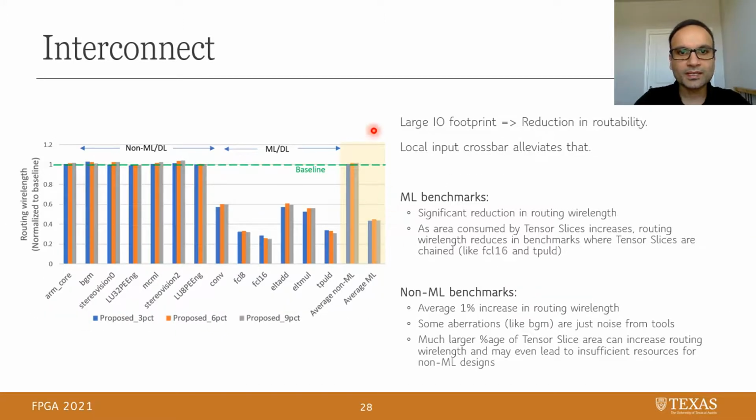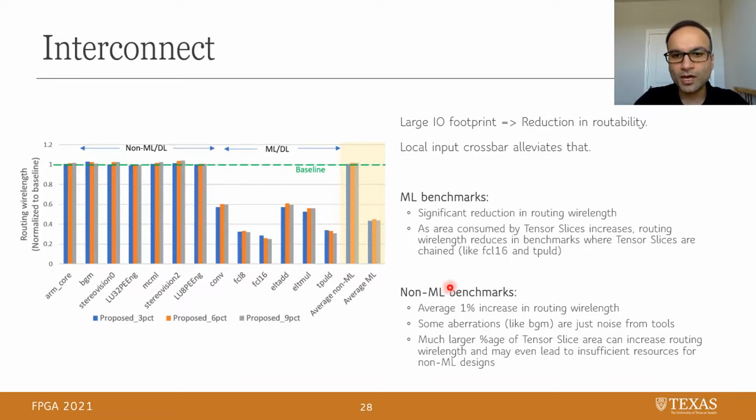Let's look at the last set of results, which are the impact of adding tensor slices on interconnect. The tensor slice has a large I/O footprint, which can reduce the routability of the FPGA, and adding a local input crossbar alleviates that significantly. For ML benchmarks, we saw a significant reduction in routing wire length, which is shown in these bars in this chart here. As the area consumed by tensor slice increases, routing wire length reduces in benchmarks where tensor slices were chained.